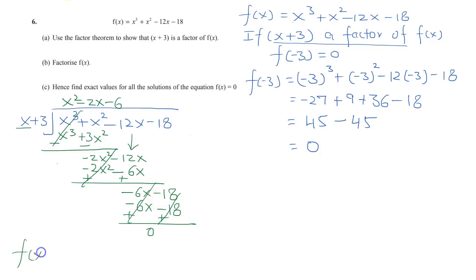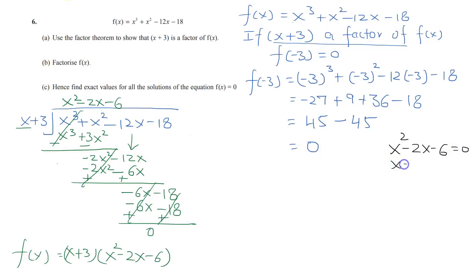So we can say f(x) is equal to x plus 3 times x squared minus 2x minus 6. So this is the first factor. Now we have x squared minus 2x minus 6 is equal to 0.